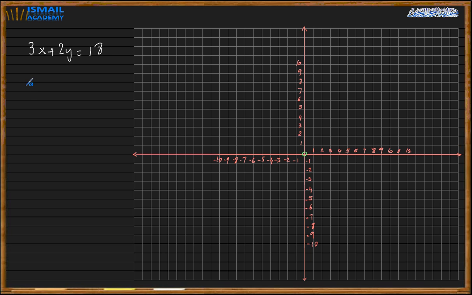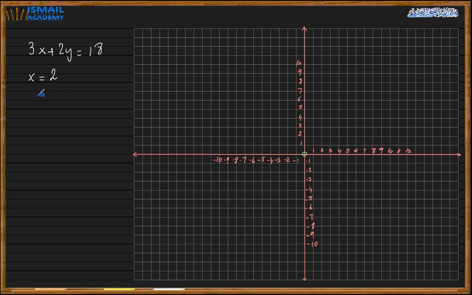Now, I can choose any number for x. Any number you pick will work. X equals 1 or 2, for example. So if I choose x equals 2, what will I get?